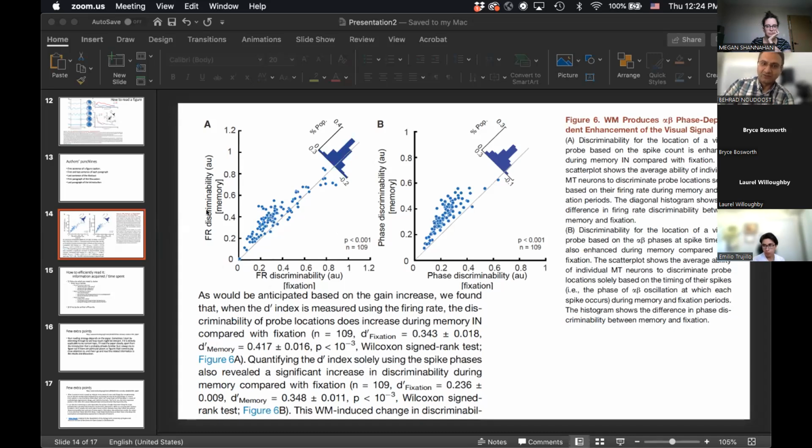It tells you what measure was used for these two axis labels, say d prime, which is discriminability, and the value of x is this, value of y is that. As you can see, y is greater than x, as you can see in these points being above the line of unity. These are going to take time to familiarize yourself with how to read scientific figures.